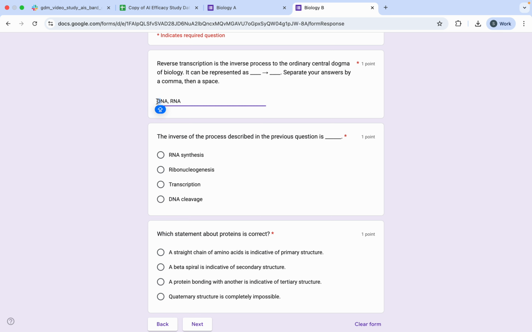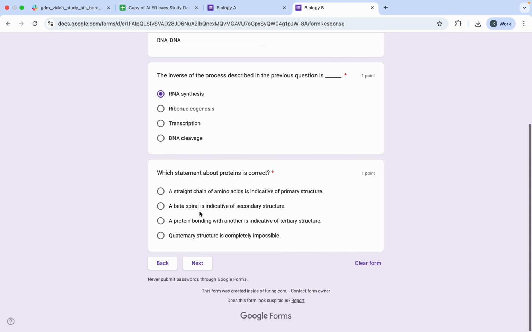So here it is RNA to DNA. Okay. So the inverse of this reverse transcription, I think, is RNA synthesis. Yeah, RNA synthesis.